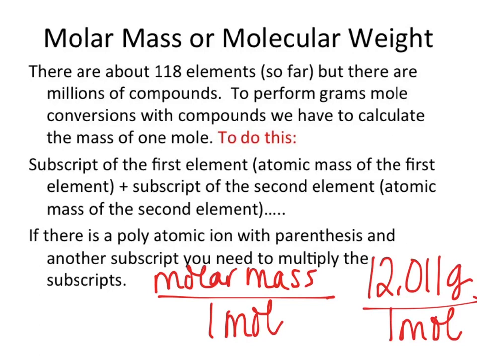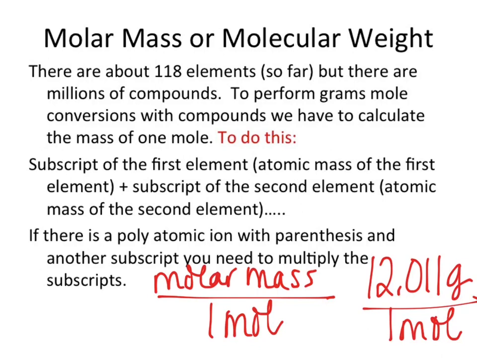So now what I've done is I've set up a conversion factor. Every compound has a molar mass, and that molar mass is always over 1 mole. But it's a conversion factor.